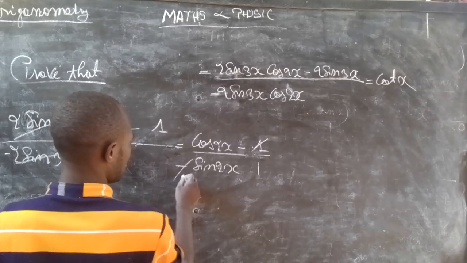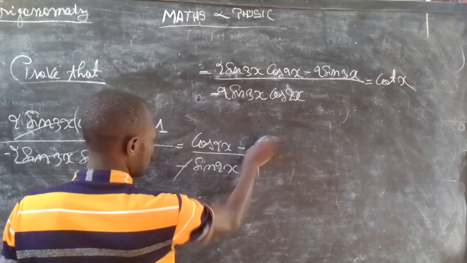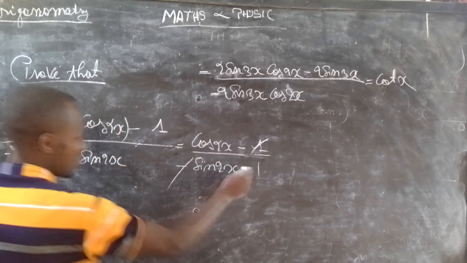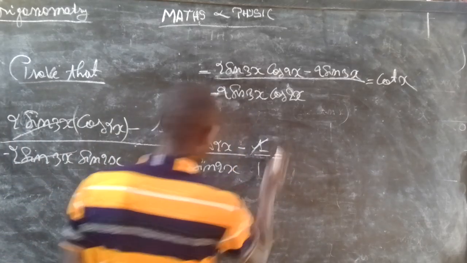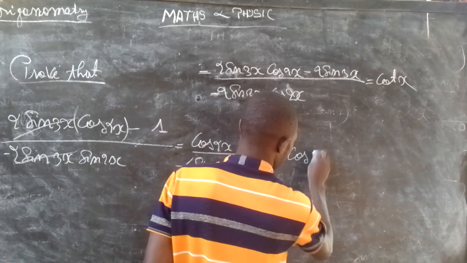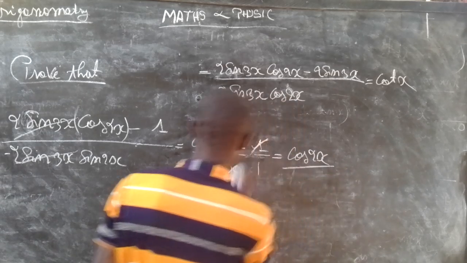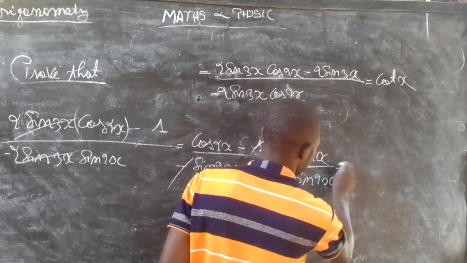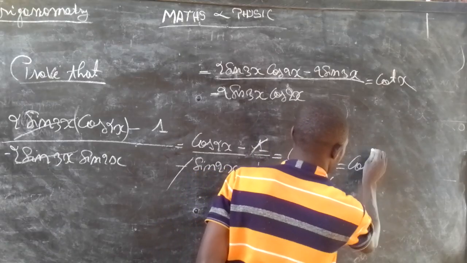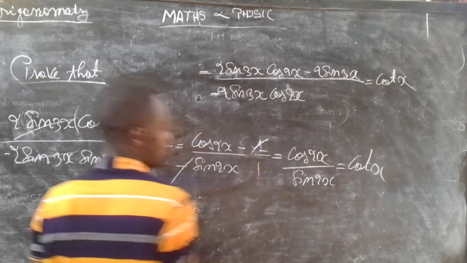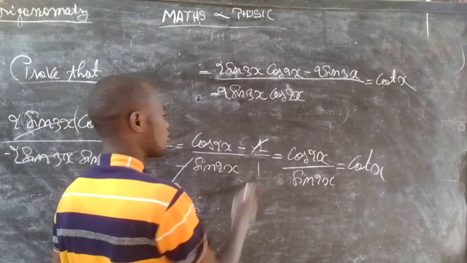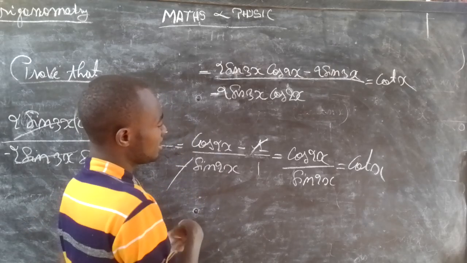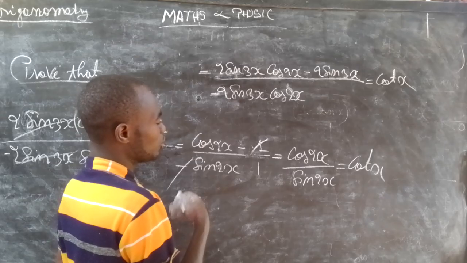It is very simple. So the rest is cosine 2x over sine 2x, which is equal to cot x, which is our final result. It means that the equation which we were given is equal to cot x.